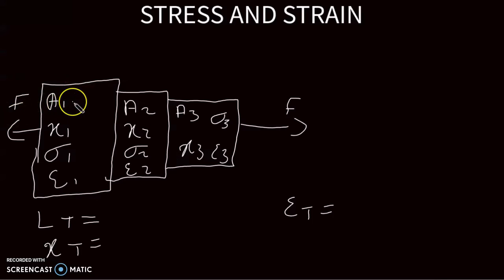So looking at this diagram, it represents a beam. It's one beam. But the thing about this beam is it has different cross-sectional areas, meaning it has sections.